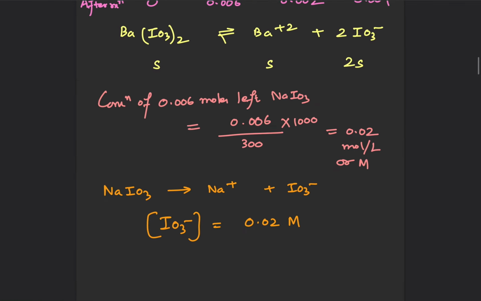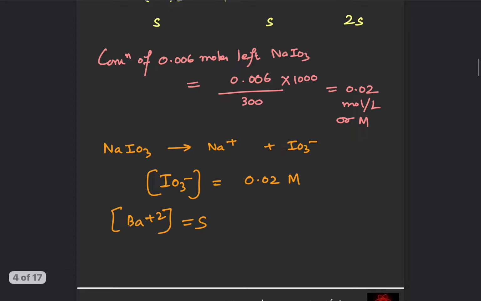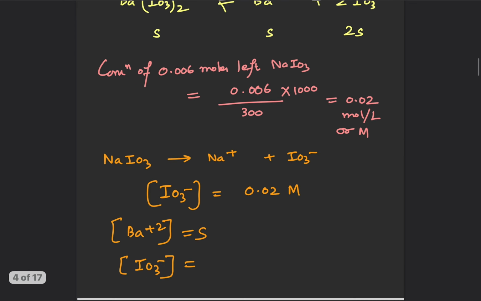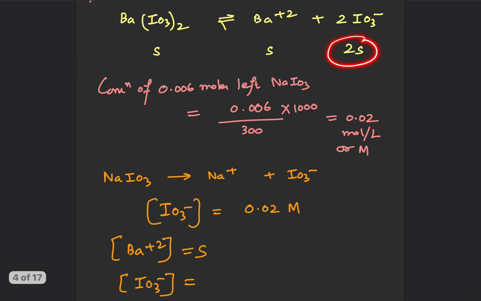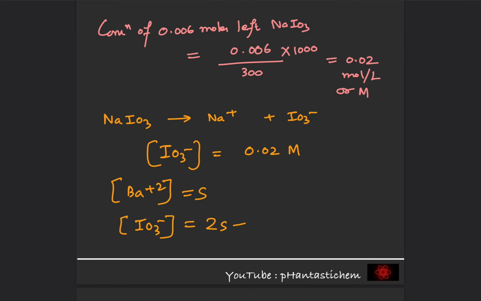Coming back to our original equation, the concentration of Ba plus 2 is still S, no doubt about that, but the concentration of IO3 minus won't be just 2S, because remember there is leftover NaIO3. So it will be 2S plus 0.02.